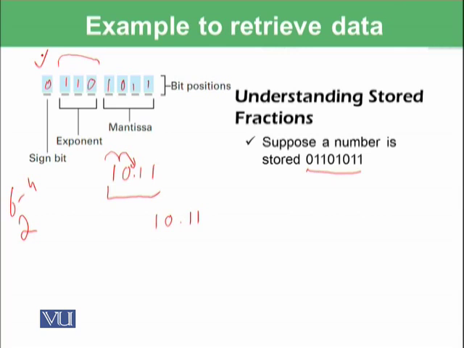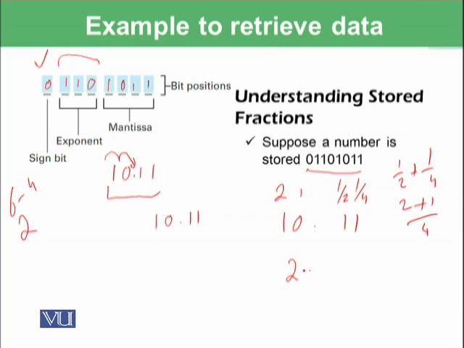You already know what 10.11 represents. This position is 1 by 2, this is 1 by 4, this is 1, and this is 2. So 2 plus 1 by 2 plus 1 by 4 gives us 2 and 3 by 4.